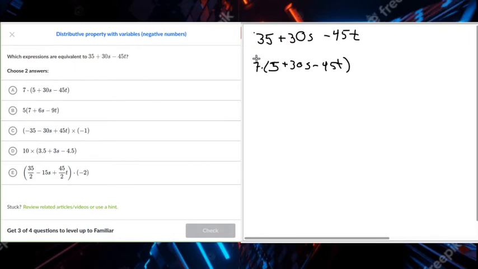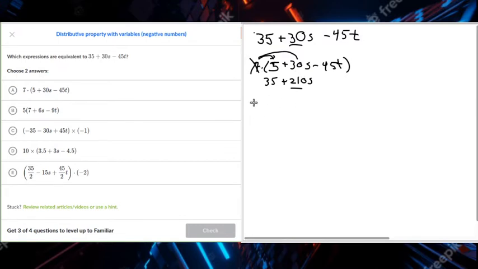So I'm going to distribute 7 times 5 is 35, and here I'm going to distribute 7 times 30 is 210s, and already we can see that this is not right. So A is not correct.